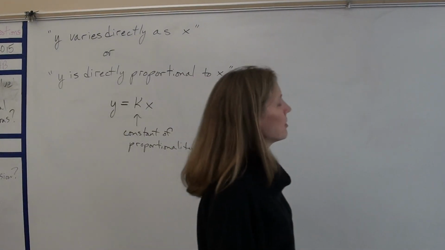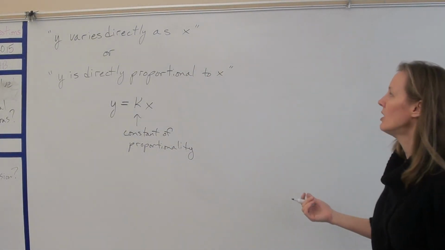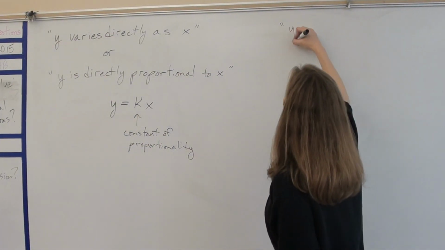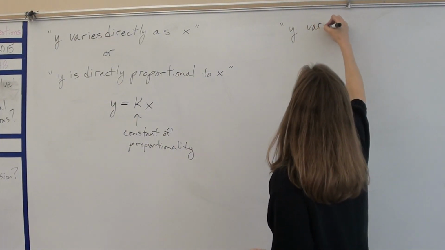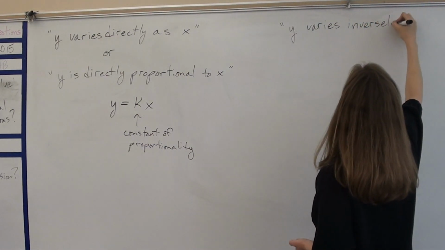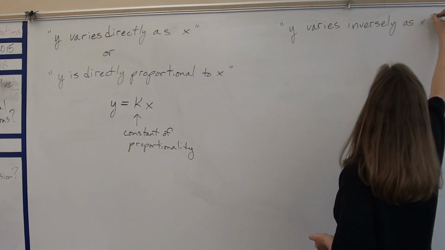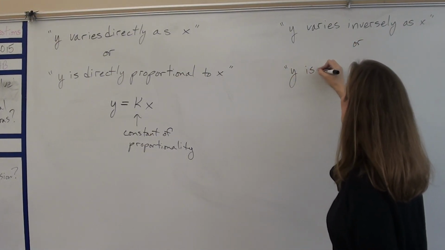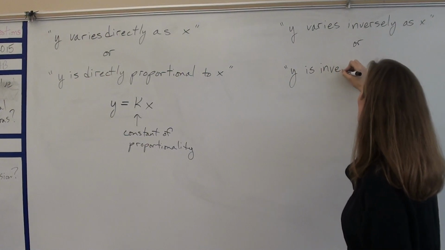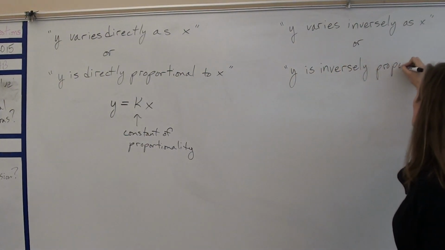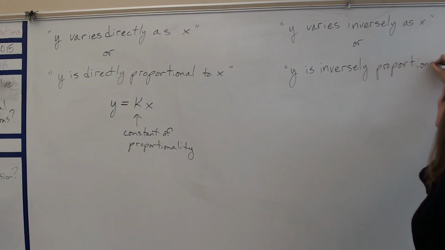So two things could be directly proportional, but they could also be inversely proportional. So for this, you would either see y varies inversely as x, or y is inversely proportional to x.